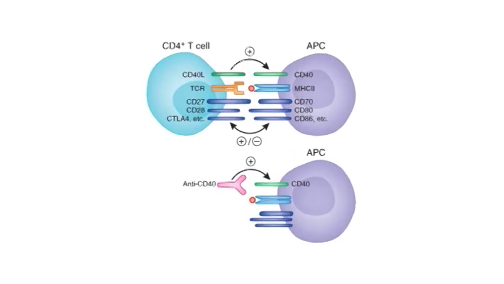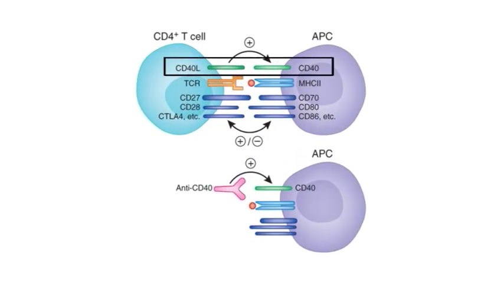A helper T cell that recognizes the MHC peptide complex on a B cell binds to B7 molecules with its CD28 and gets stimulated to proliferate. Once activated by antigen recognition and co-stimulation, T cells express a surface molecule, CD40L, that binds to CD40 on the B cell surface.